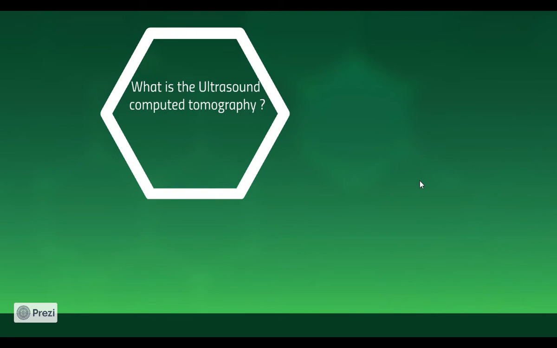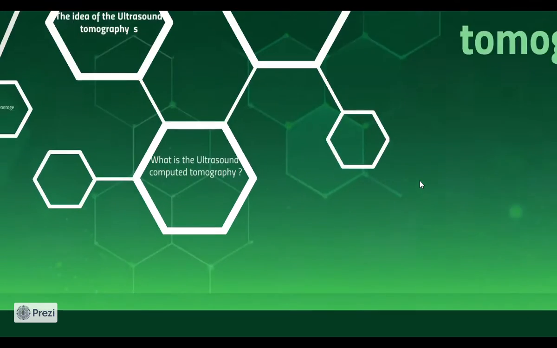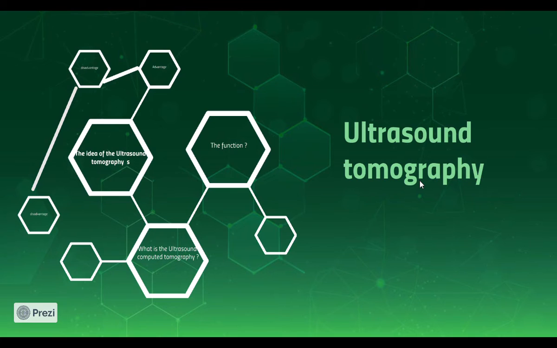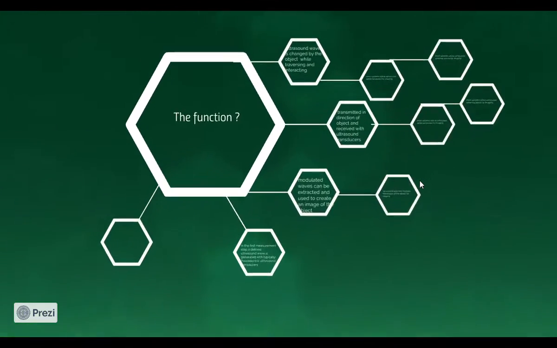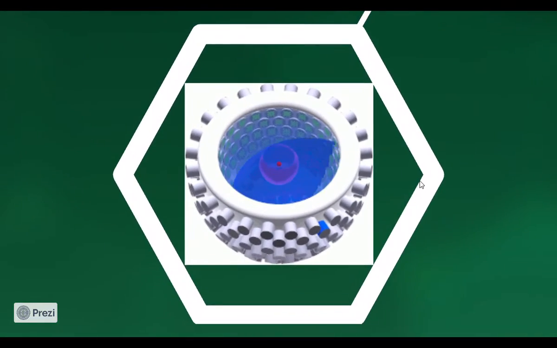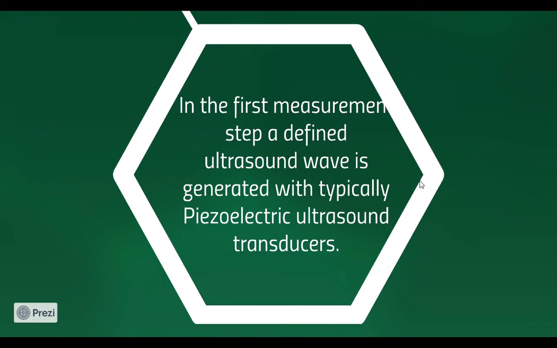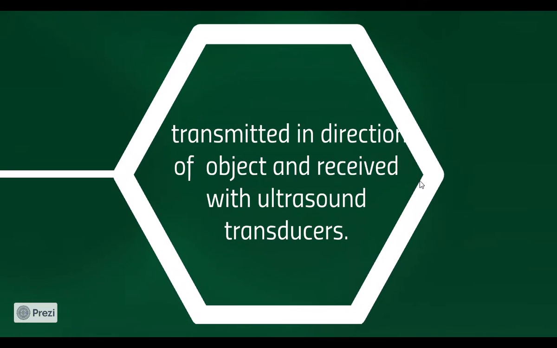And now I'm going to talk about the function of ultrasound computed tomography. In the first step, measurement, the ultrasound wave is generated with a typical piezoelectric ultrasound transducer, transmitted in the direction of the measurement object, and received with the other or the same ultrasound transducer.